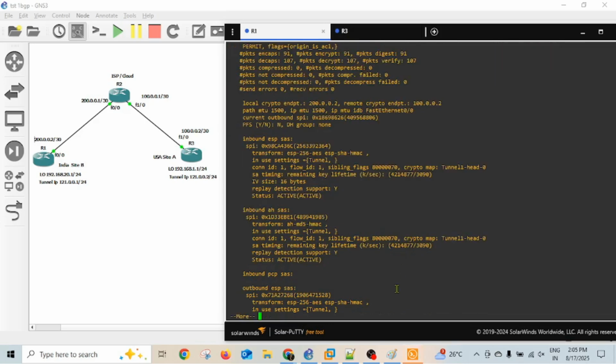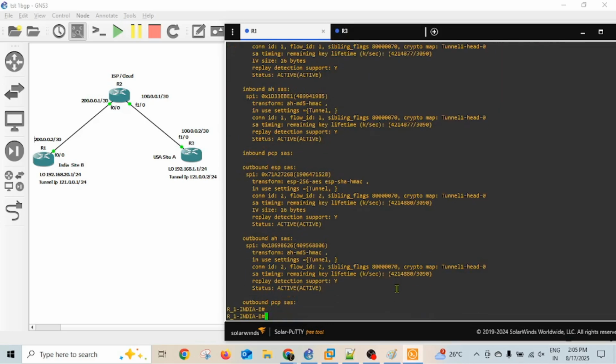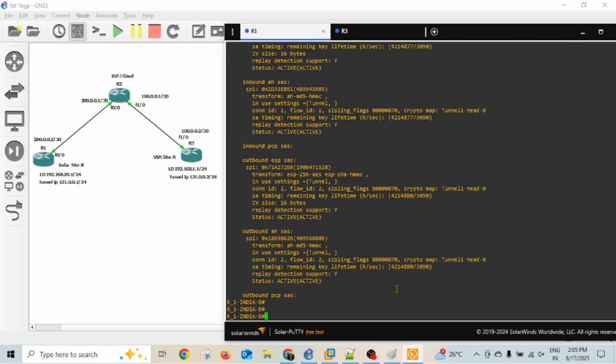So, do you have any doubt? No, currently no. Okay. So I will send you the configuration and topology also, so that you can understand where I have configured which parameters. Everything you can check. And while doing the lab, let me know where you are stuck. No issue, I will help you.